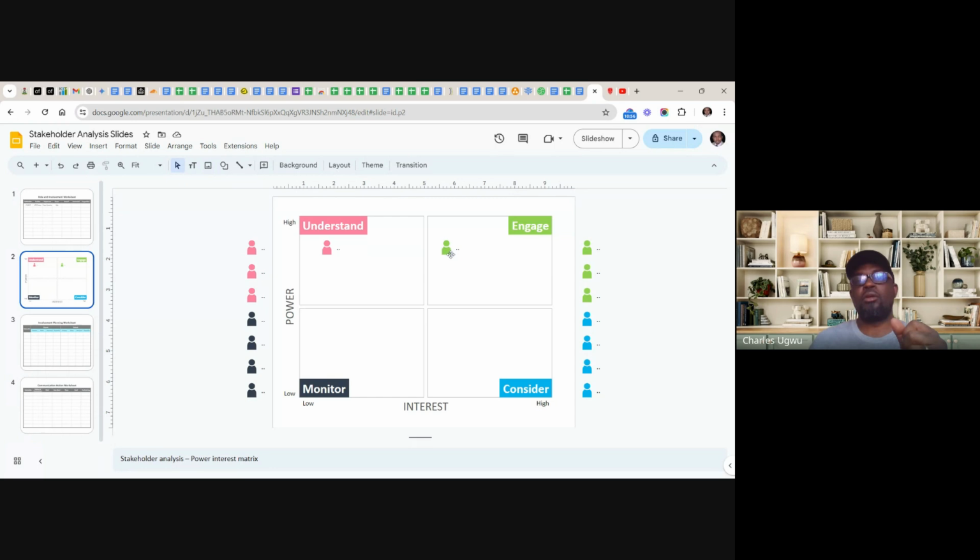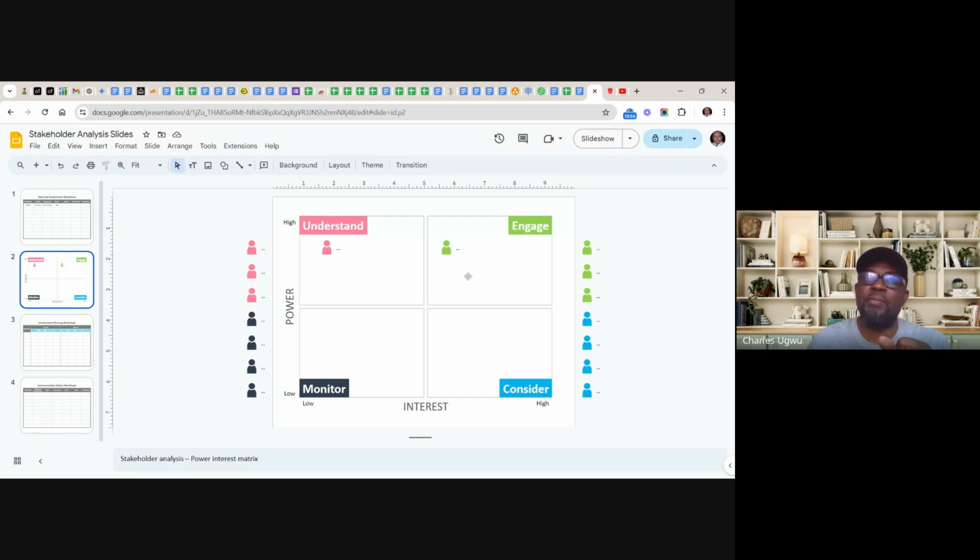But people who have high power and high interest, like the project sponsor, number one, they want this project to succeed. So they will do everything possible to support you, do everything to let you know what they want.